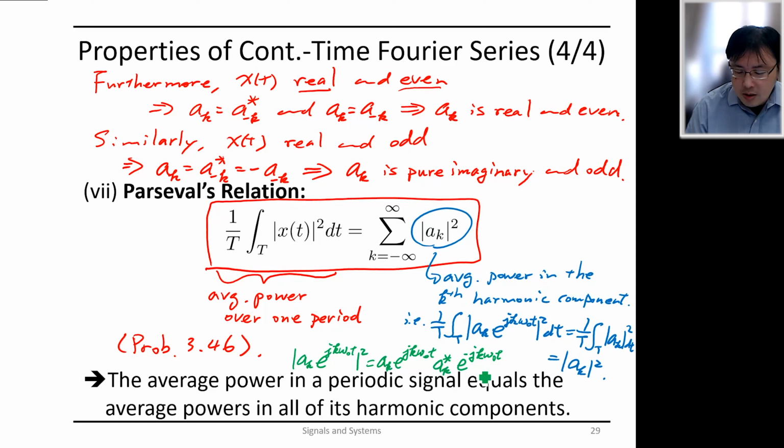So this times this becomes a constant 1, right? So what's left is ak times ak complex conjugate.